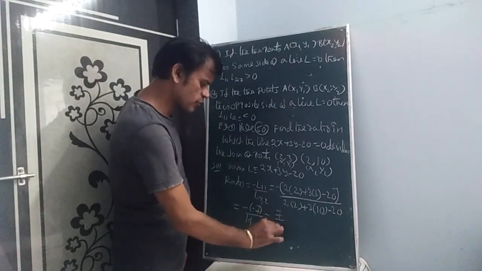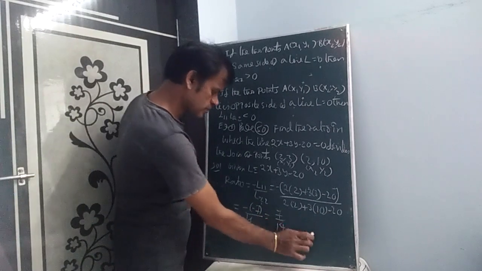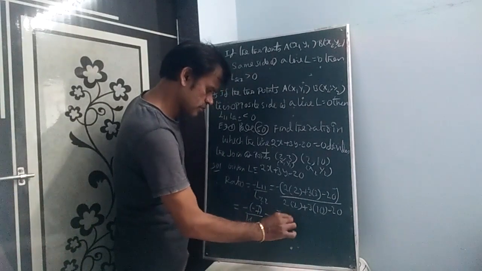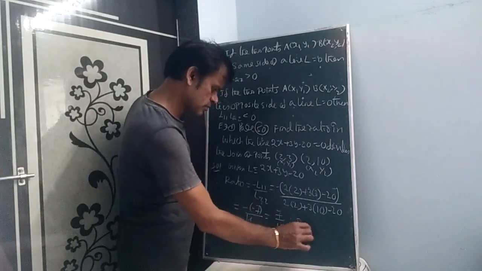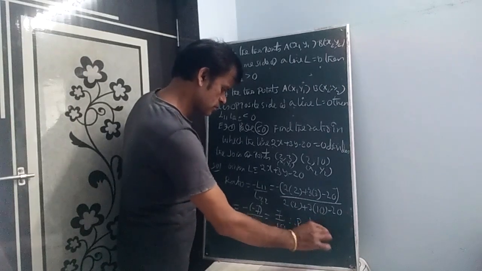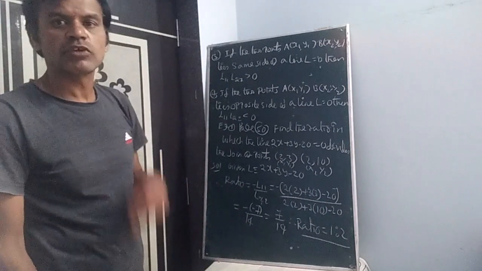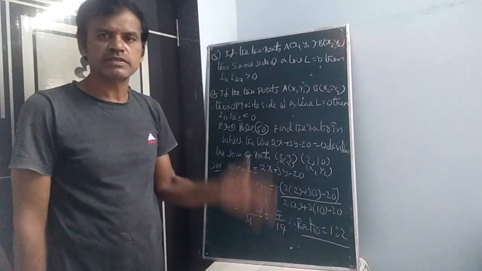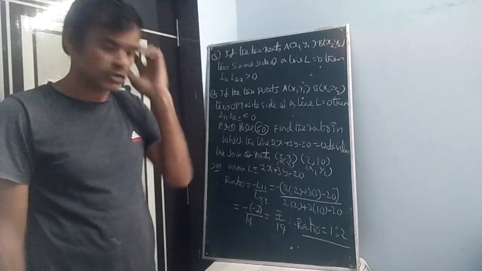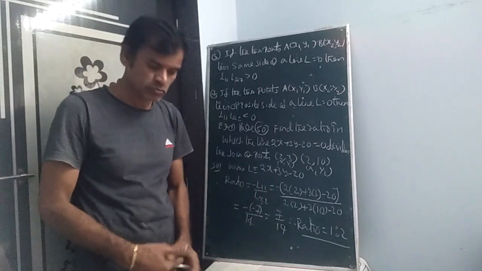So 7 by 14. 7 by 14 becomes 1:2 because 7 1s are 7 and 7 2s are 14. You can write the ratio is 1:2.